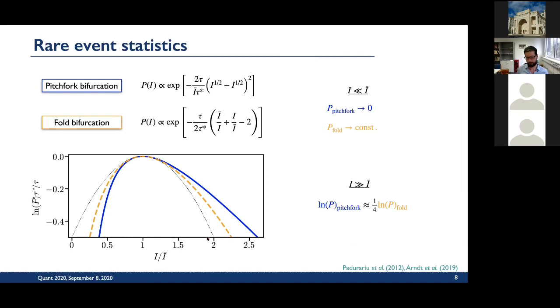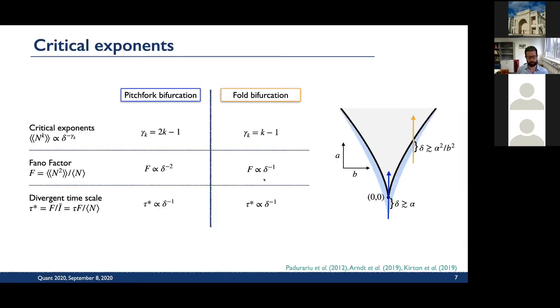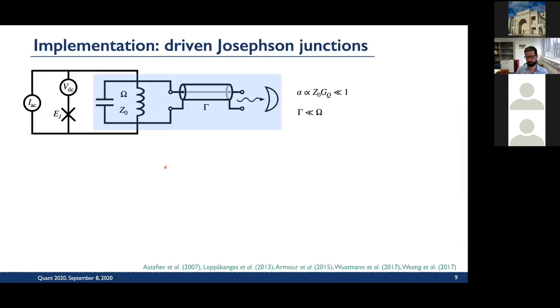So for large deviations, in the pitchfork case it's much more likely to have big deviations towards the positive side compared to the fold. This is the same as what I told you before, that in the pitchfork case the Fano factor grows much stronger than in the fold bifurcation. That means that there are many more photons correlated in this case.